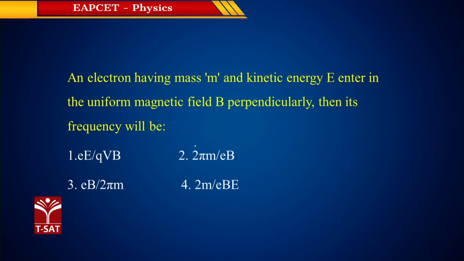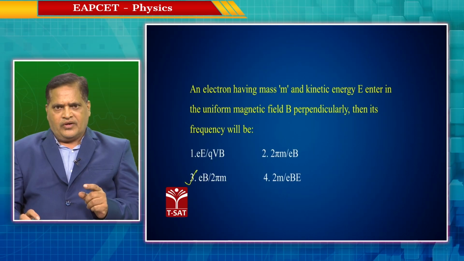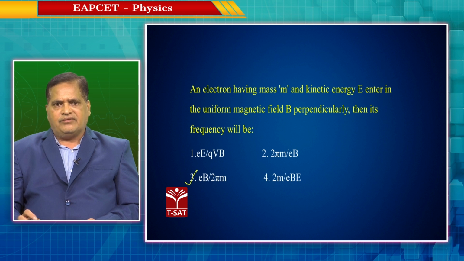E by Q VB, 2 pi m by EB, by 2 pi m. This is the third option. Okay, children, when electron having mass m and kinetic energy E enter in the uniform magnetic field B perpendicularly, then its frequency will be, what is that? Frequency EB by 2 pi m.